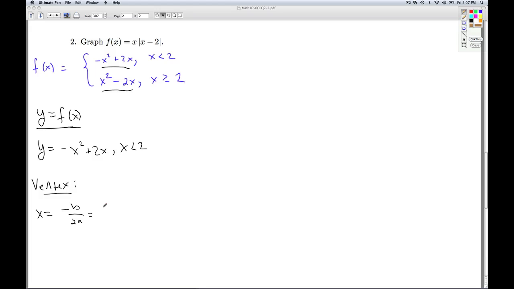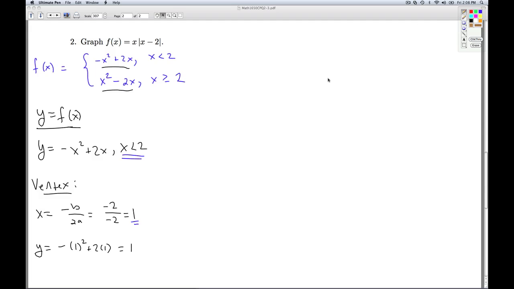Minus b in this case is negative 2 over 2a is negative 2. I get x equals 1. Since x equals 1 satisfies this inequality, 1 is less than 2, I know that I'm going to see the vertex on this part of the graph. To get the y value of the vertex, I plug x equals 1 into this formula. Sure enough, I get out y is also equal to 1.